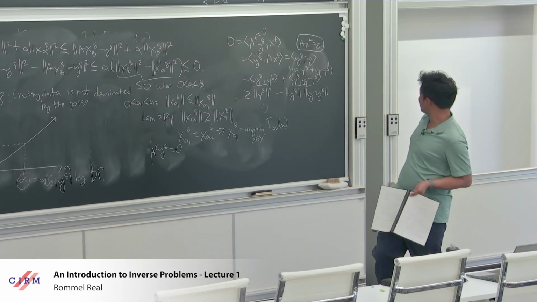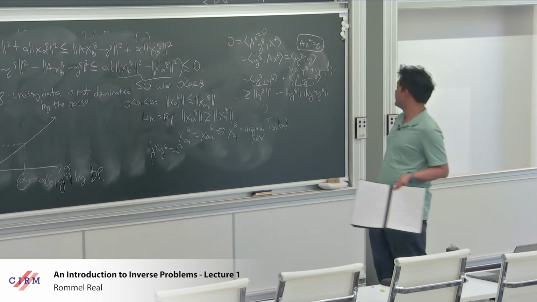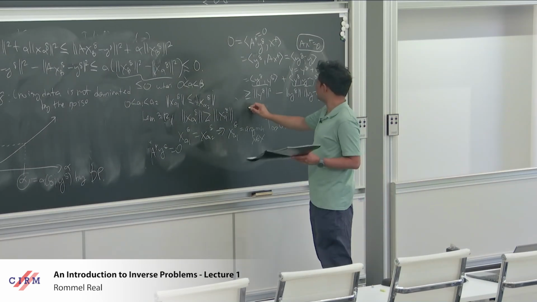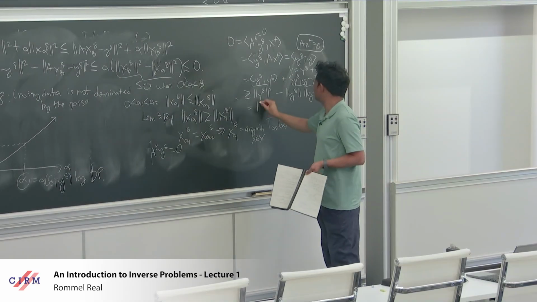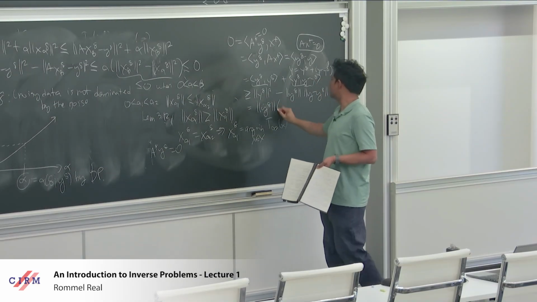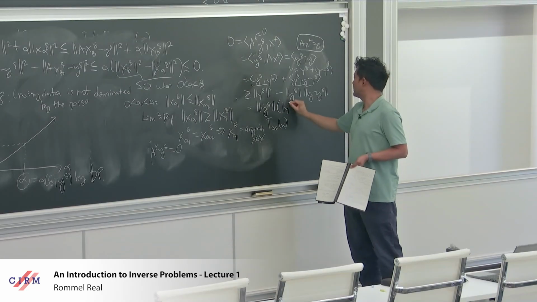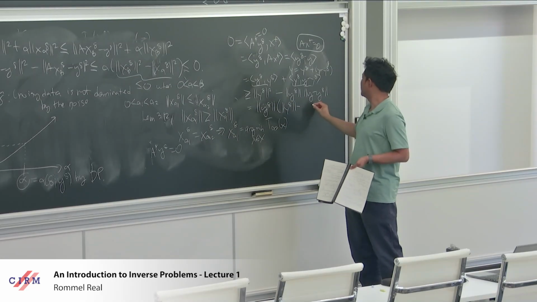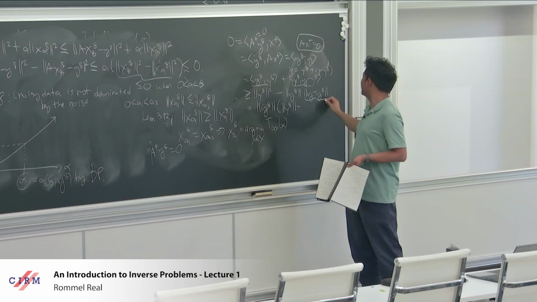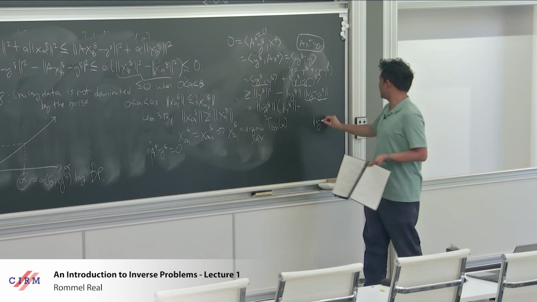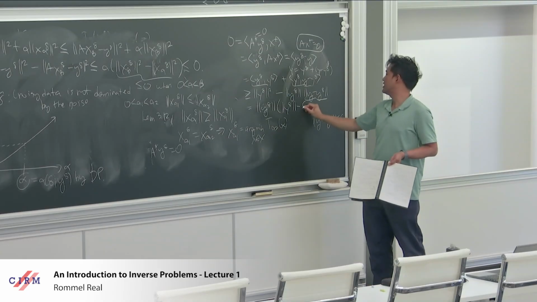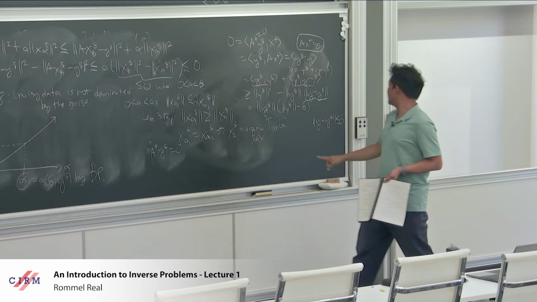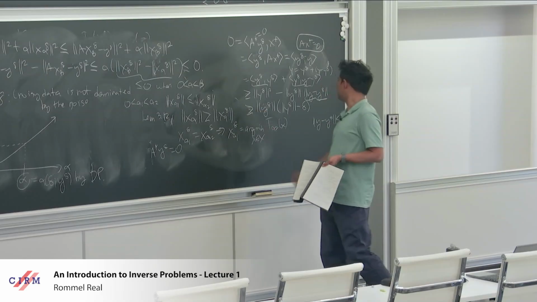And then by simplifying, or rather by factoring that one, this will lead you to this one. And this one is using the assumption that the norm of y minus y delta must be less than or equal to this one here.